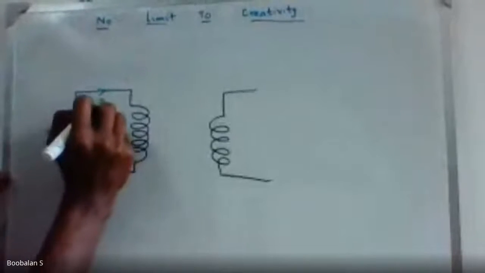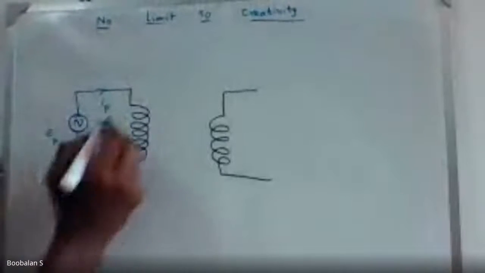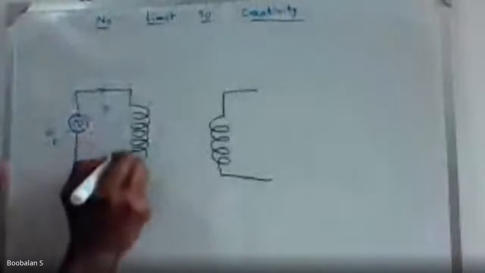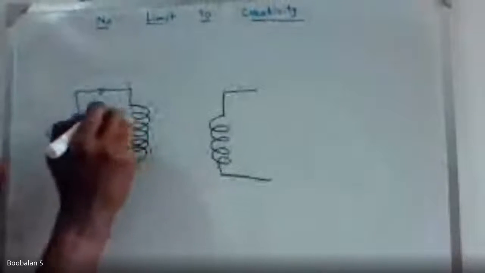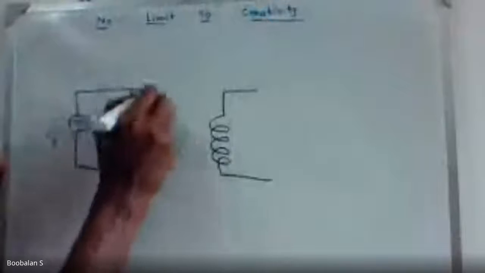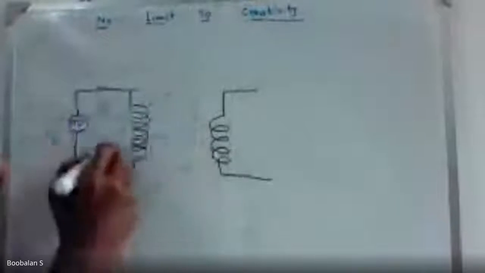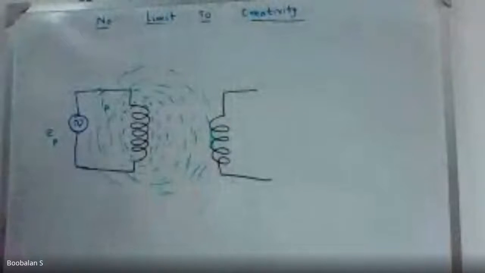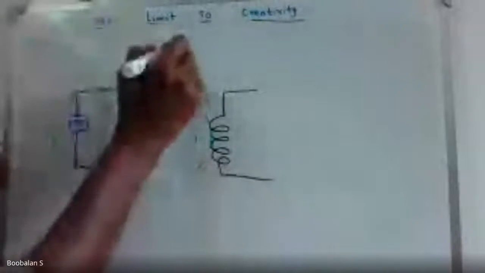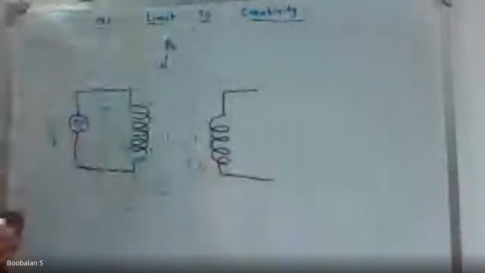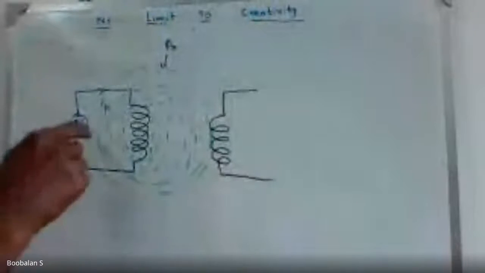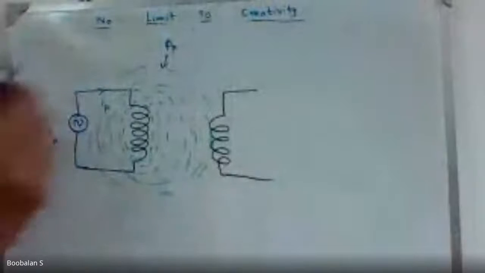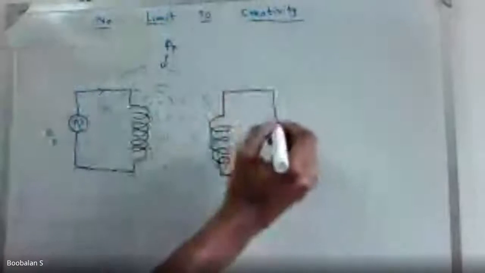The current flowing in the circuit is the primary current, and flux lines are going to be generated because of the primary current flowing, right? Those are called the primary flux lines, that's called phi P. The primary flux lines are also changing with respect to time because of the AC nature. So now I'm just going to connect a small light.